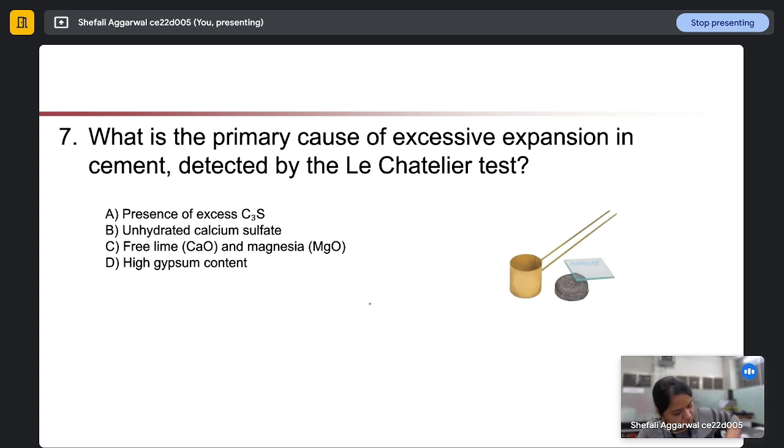I already talked about it. Whenever there is free lime or free magnesia present in our cement, what will happen when we add water? This free lime will react with the water and can cause the expansion of our concrete, which can be tested by the soundness test. So the answer is free lime and magnesia.